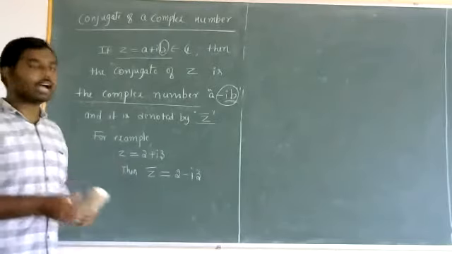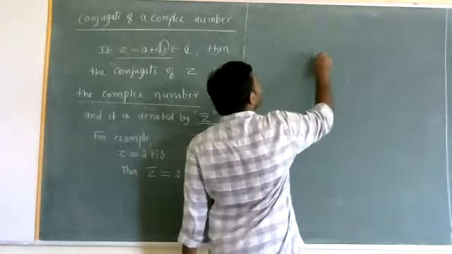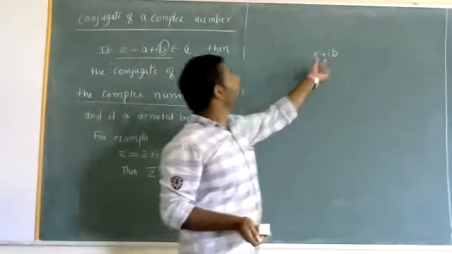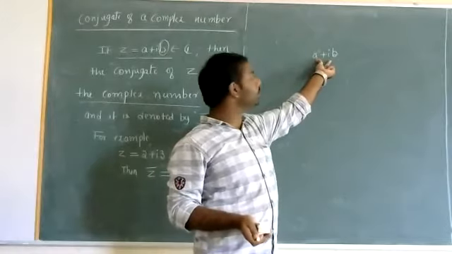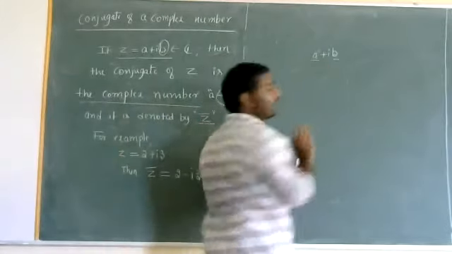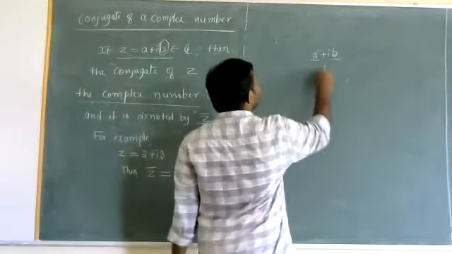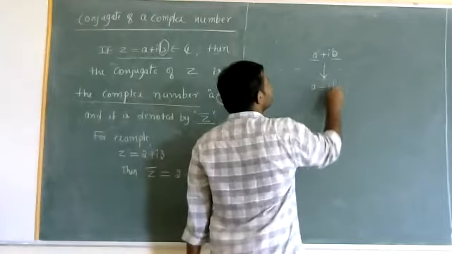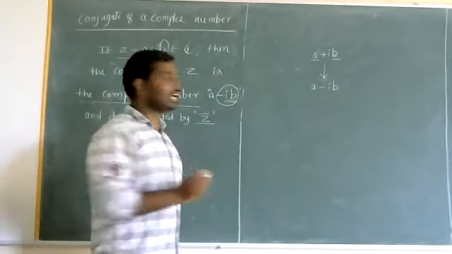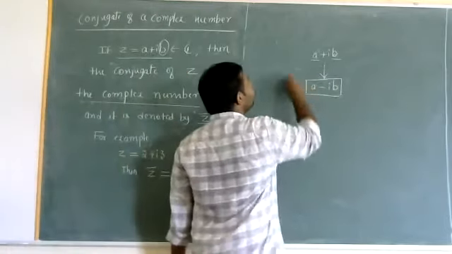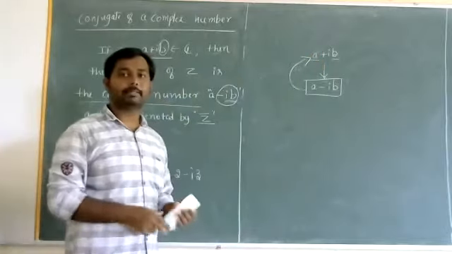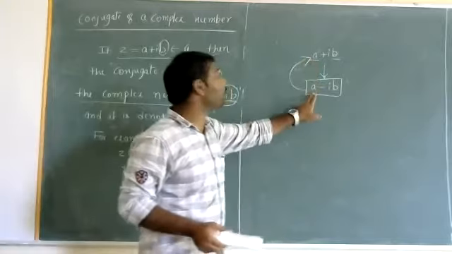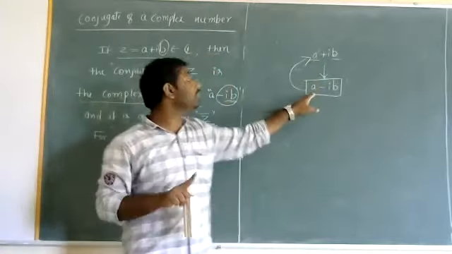Now we can observe that given a complex number a plus ib, a and b are unique. And its conjugate will be a minus ib, which will be unique for this complex number. That means given a complex number, it will have one and only one conjugate.